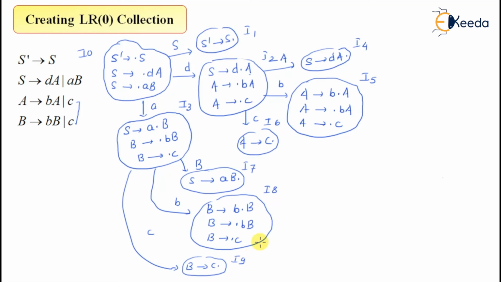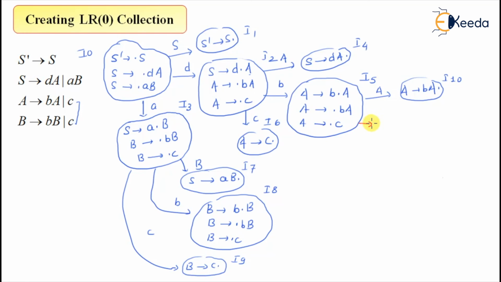Okay, so are we done? No, we are not done, there are a few more states. On input capital A, it will become A derives bA dot, the I10 state.